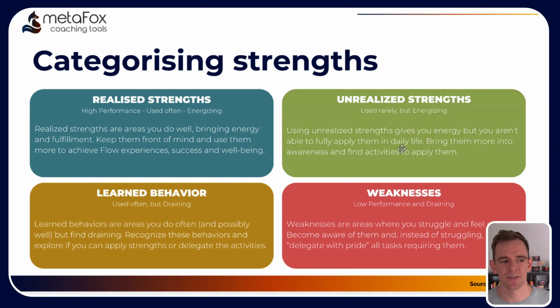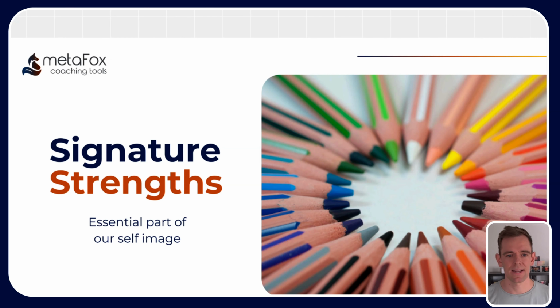Let's talk about how to describe everything around strengths and what makes it so powerful. And in this context, let's talk about signature strengths. Signature strengths are the strongest realized strengths. They are the 80% of the strengths bucket. Signature strengths are very essential to our self-image.